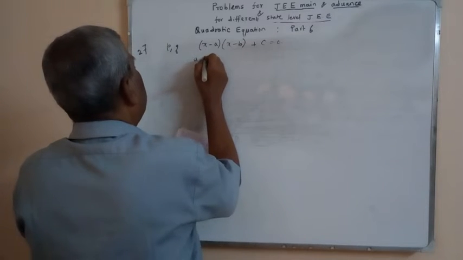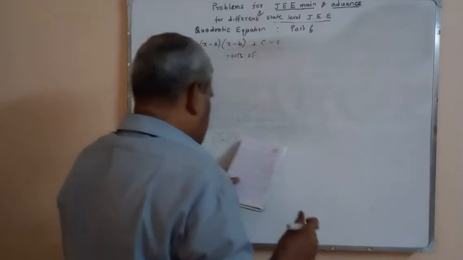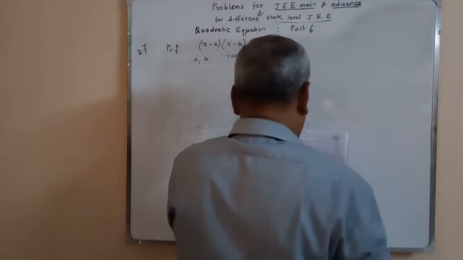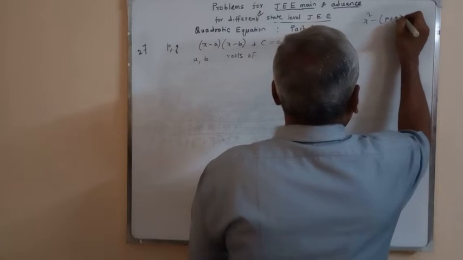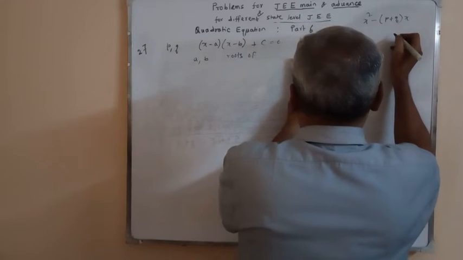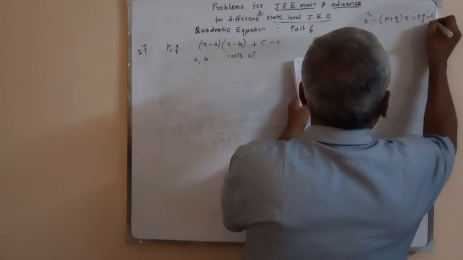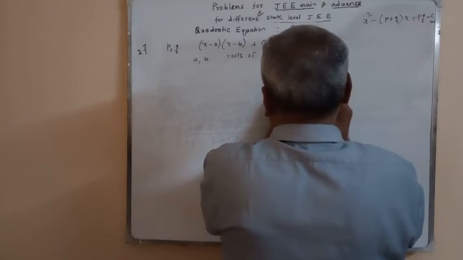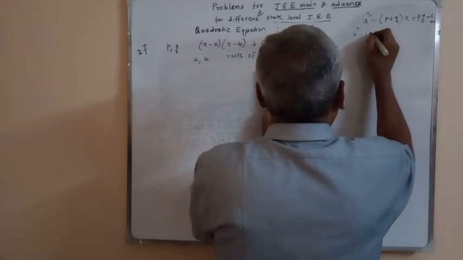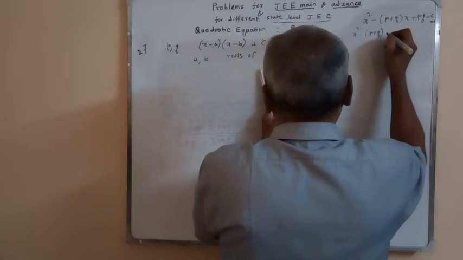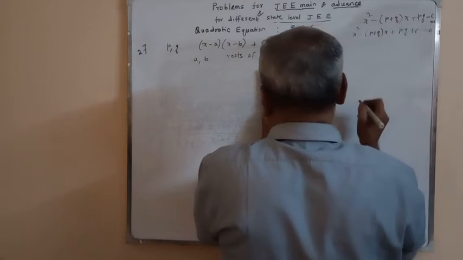a, b are roots of which equation? Option 1: x square minus (p plus q) into x plus pq minus c is equal to 0. Next one: x square plus (minus p plus q) x plus pq plus c is equal to 0.